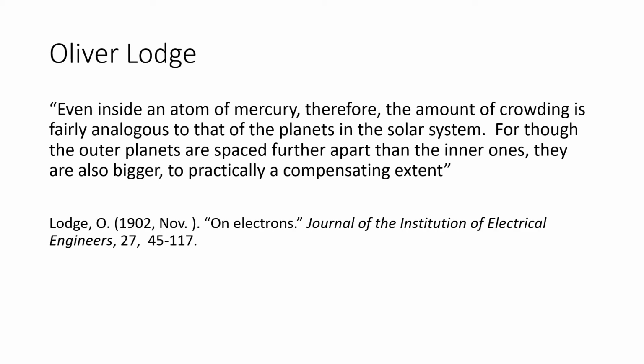Now, this one comes from a lecture that Lodge gave in 1902 to a group of electrical engineers, and you can see that he's drawing parallels between the atoms in Mercury and the planets in the solar system.